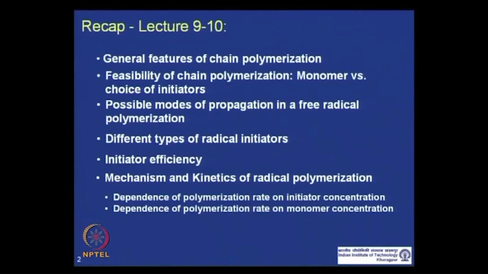We began our discussion with general features of chain polymerization, how chain polymerization compares with step polymerization, and then we discussed how a monomer's structure determines its feasibility towards undergoing polymerization reactions towards the initiator, different kinds of initiator, radical, cationic or anionic, and then we found out that during chain polymerization the head-tail arrangement is always exclusively preferred.